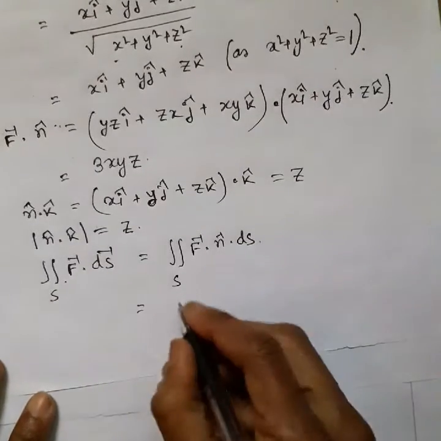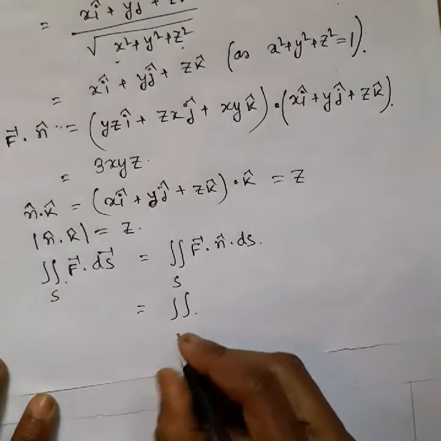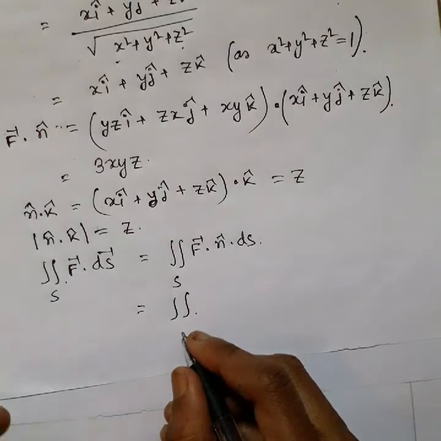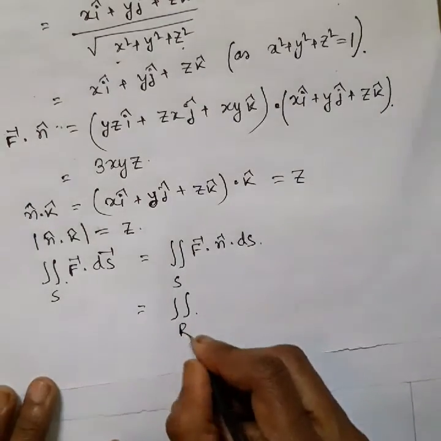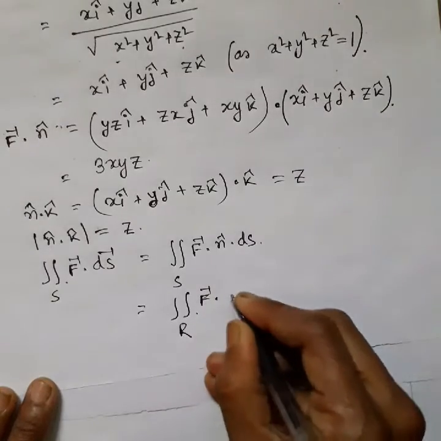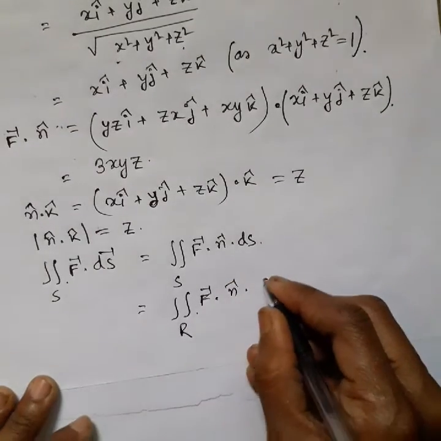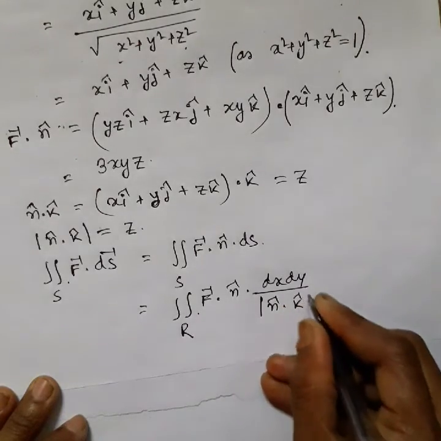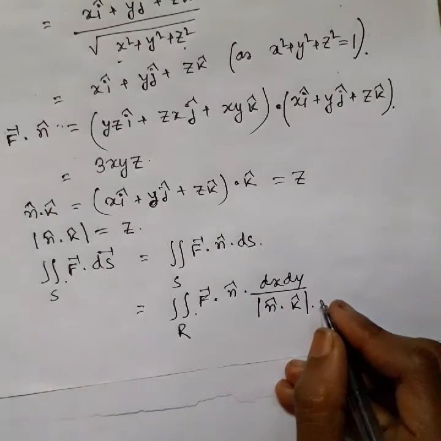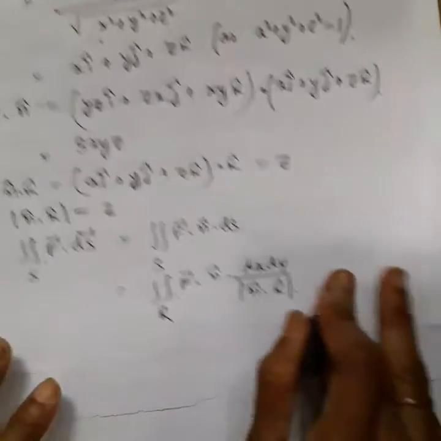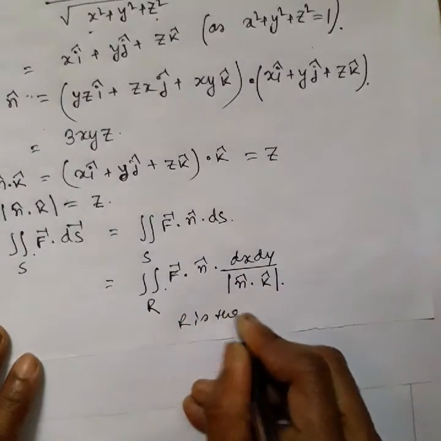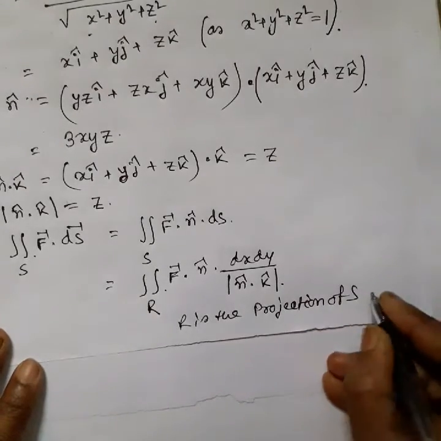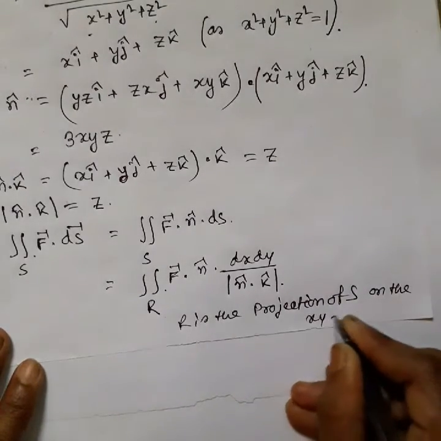Okay, and this is equivalent to, we know, double integration over the region R, F dot n cap dS, which means dx dy by magnitude of n dot k cap, where R is the projection of S on the xy plane.